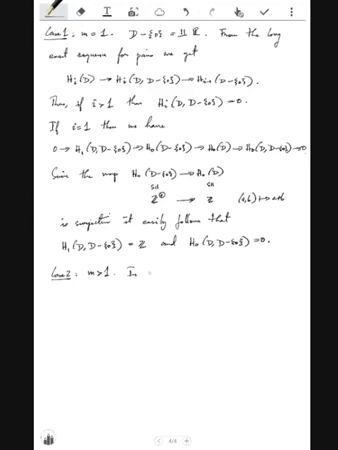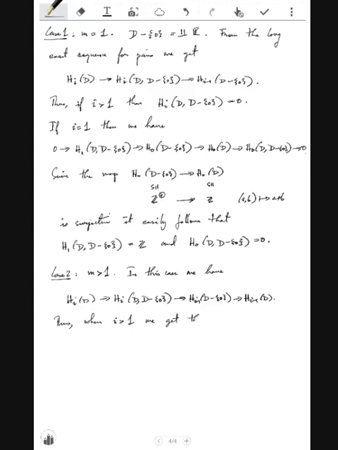So in this case, we have, so thus, when i is strictly greater than 1, we get that Hi(T, D minus p) is equal to Hi minus 1 of T minus 0.